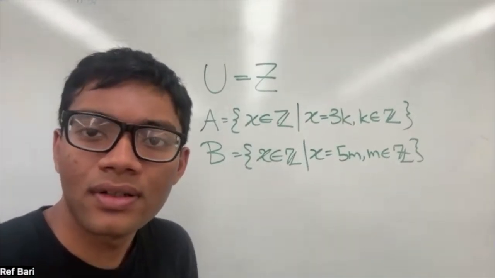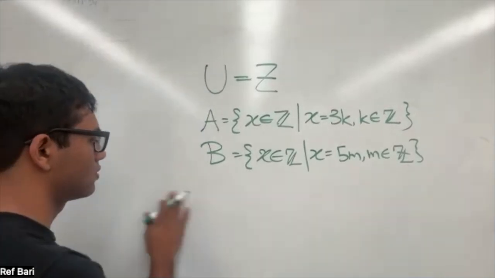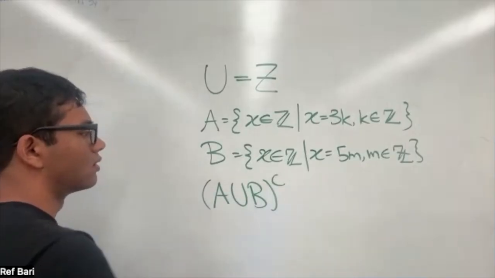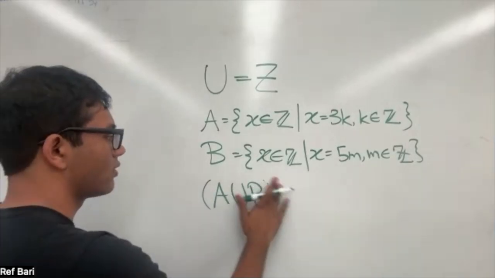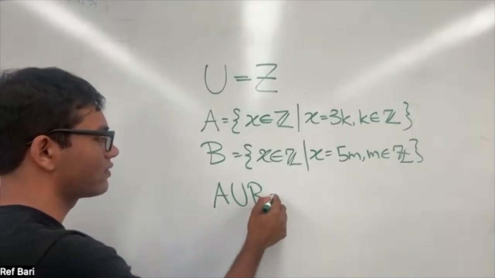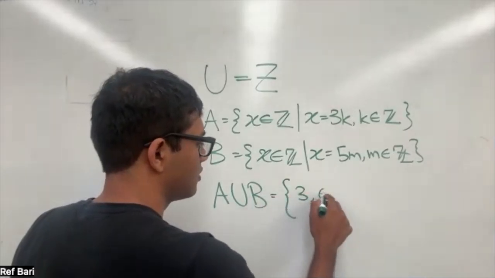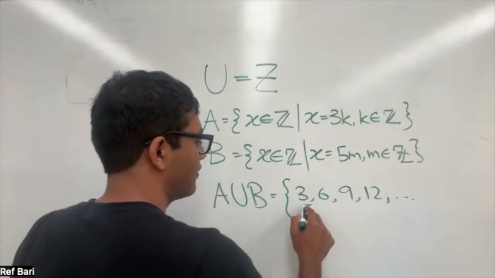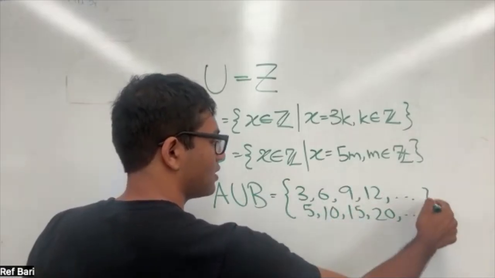Now I believe you have to first find A union B and then the complement. A union B will be all the multiples of 3 and 5, so 3, 6, 9, 12, 5, 10, 15, 20, and so on.